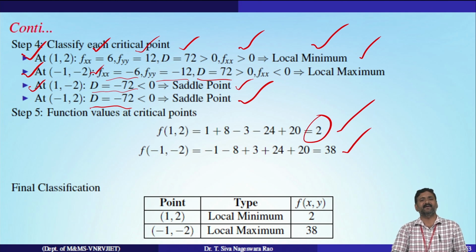So the critical point is said to be a saddle point. Once you decide the function will have minimum value or maximum value, substitute these points into the given function, you will get the minimum value of the given function at a critical point. Similarly, the maximum value of the given function at a critical point.